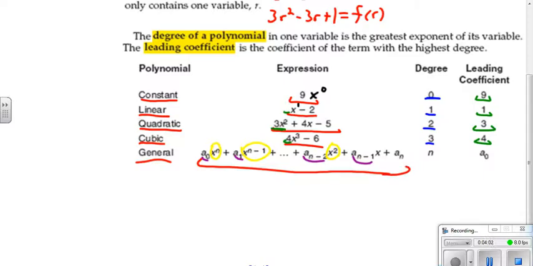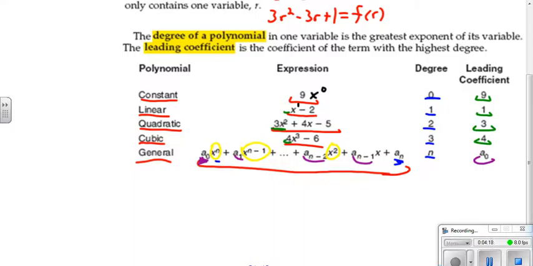At the end of this, it looks like this is actually just a constant, a sub n times x to the 0th. Well, in those general forms, the degree is the nth power, because this is x to the n. And the leading coefficient is this a sub n that comes out front here.